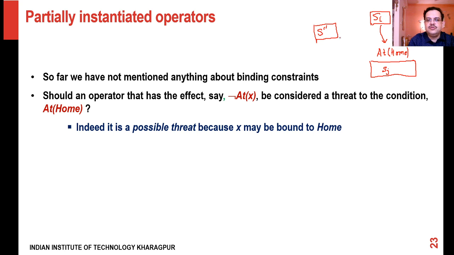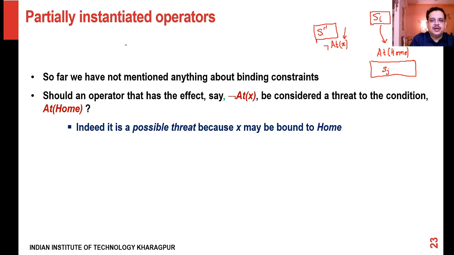This one does not produce not at home, but it produces not at X. And at this point of time in the plan, we may have situations where this X is not instantiated to anything at all. And you may recall that in the previous class we alluded to something like this.